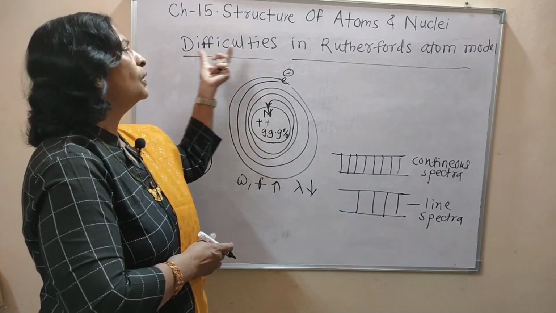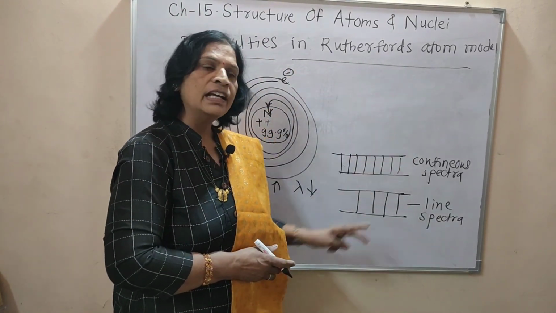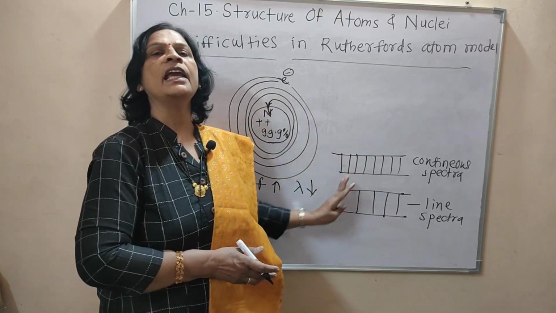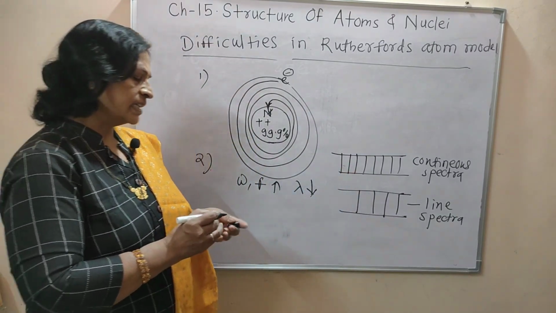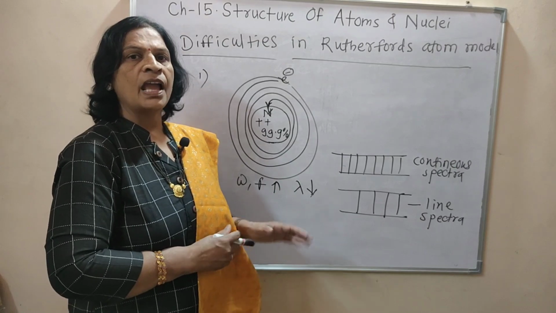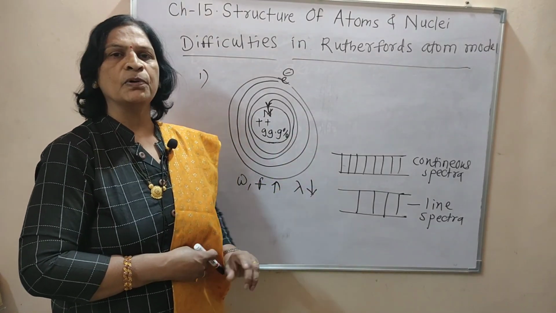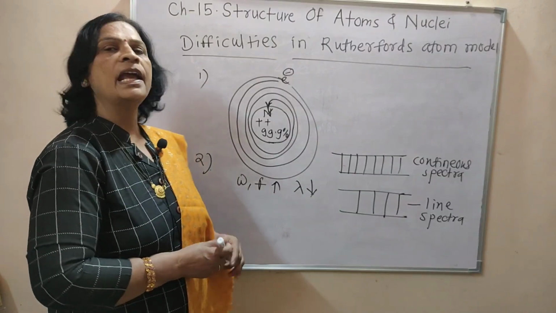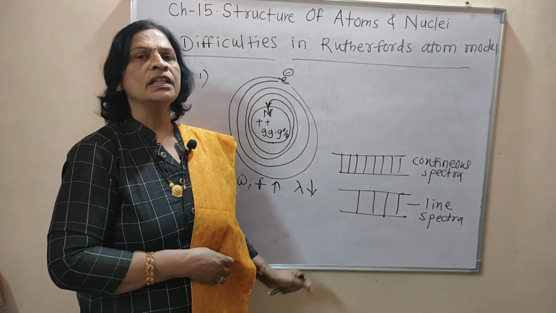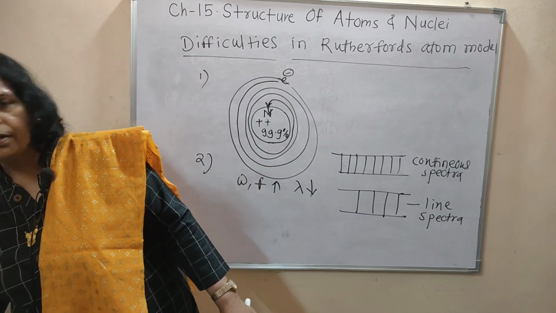Therefore Rutherford's atomic model does not explain the atomic spectra, and this is the second difficulty. To overcome these difficulties, Bohr proposed his atomic model, and now we have to study Bohr's atomic model.